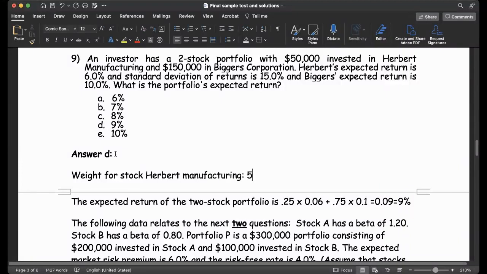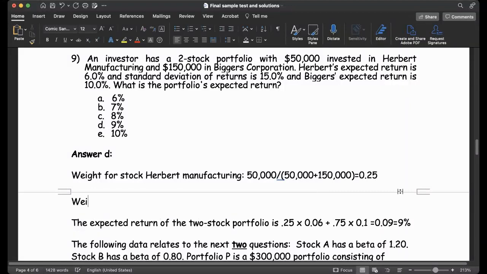It's going to be the amount that we invest in the portfolio divided by the total money in the portfolio, which is 50,000 plus 150,000 invested in another stock. So that's going to be 0.25. It's going to be 50,000 divided by 200,000. That's exactly 0.25.